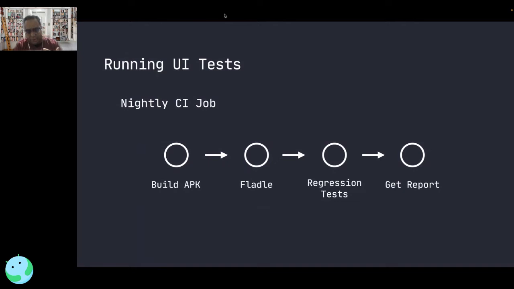One of the challenges, even with parallelization, is that when you have a lot of tests, it will take a significant amount of time. That's why you could run it as a standalone job. Suppose you're doing a release and then you want to do regression tests, you could run this CI job.